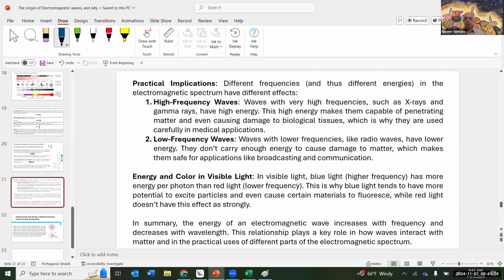So some practical implications of that: X-rays can be used in medical applications because they can penetrate matter. Low frequency waves, we use in radio waves, and they have lower energy.